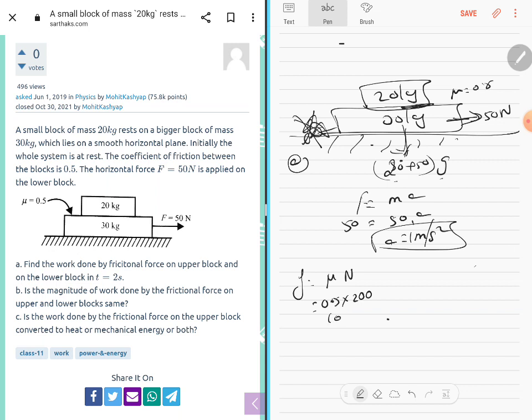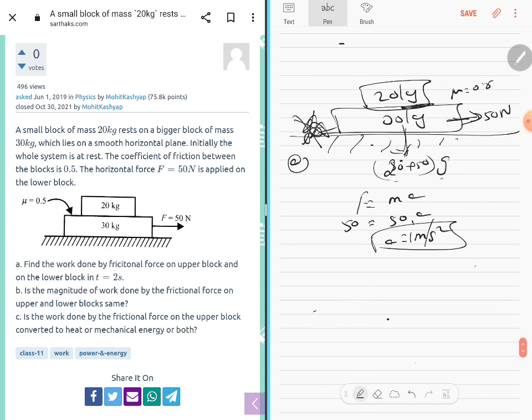So it's 100 Newton. So definitely, though it will accelerate along with the bottom block, it's not going to slide over the bottom block, is what I am trying to infer from here.